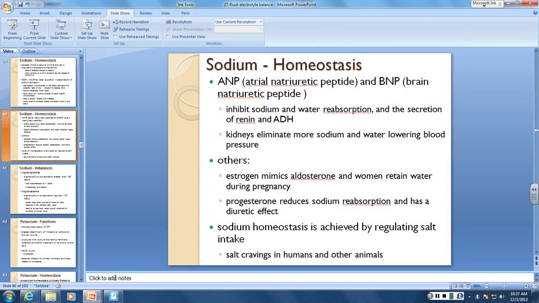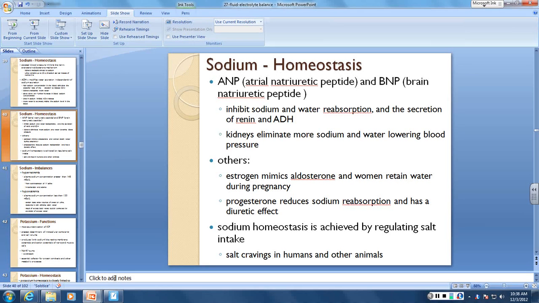So if the body needs it, the kidneys get the signal to bring it back into the bloodstream. So that's what reabsorption means. So what ANP does is inhibit the kidneys from bringing sodium and water back into the body, so the body eliminates those. And what does that do to blood pressure? Exactly. Okay, so try to connect the dots.